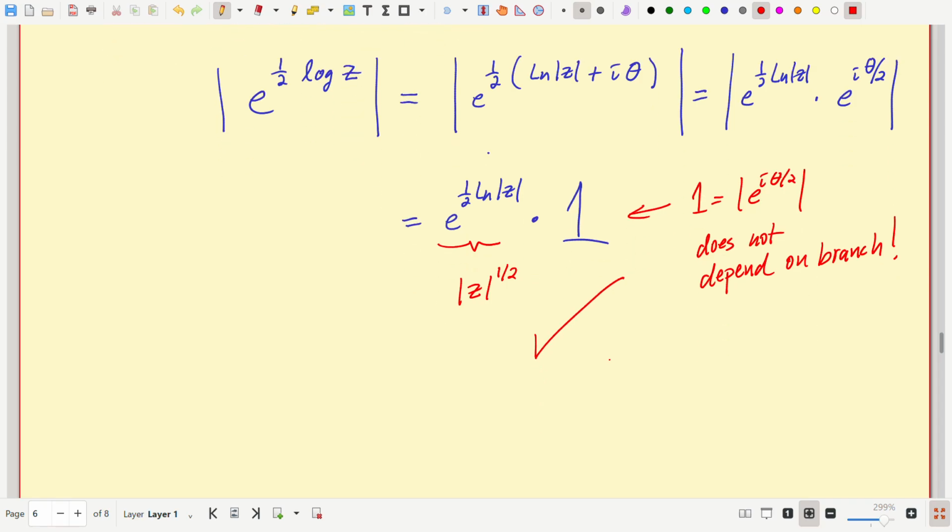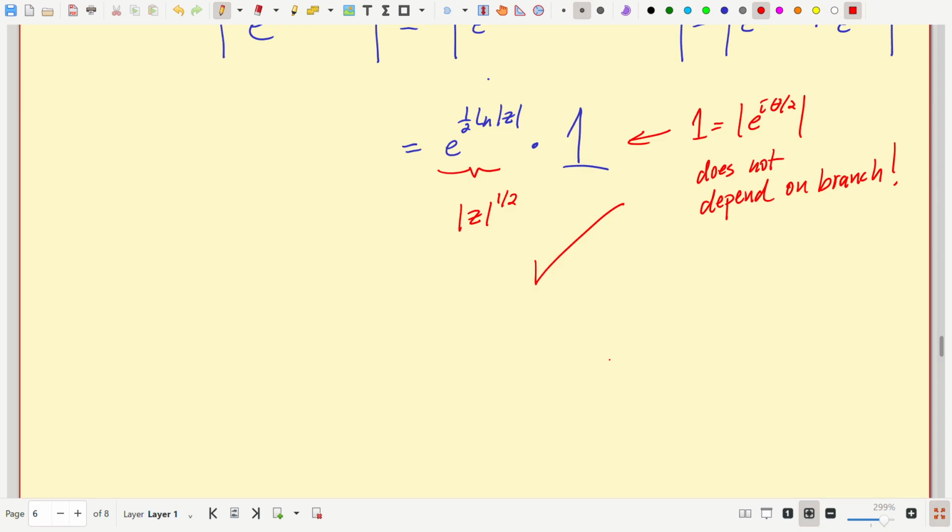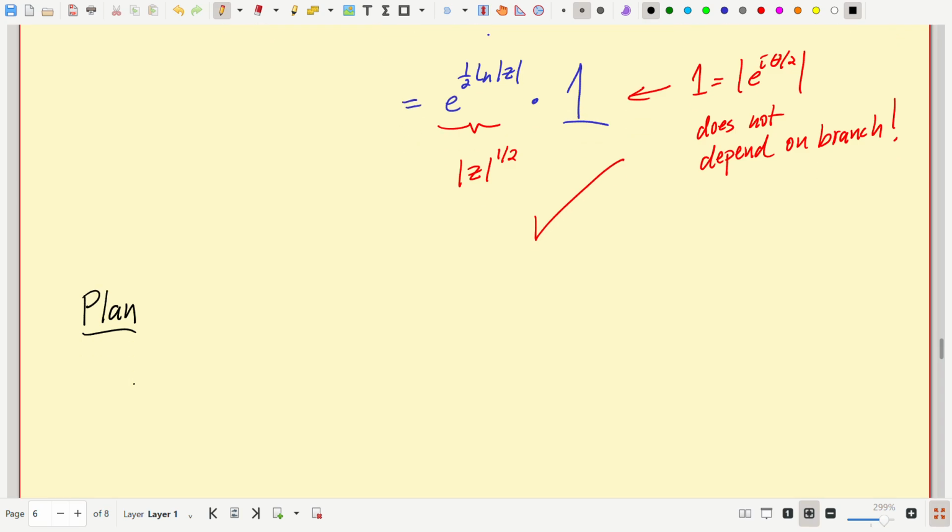Okay, here's the plan. I'll finish the plan next time. Then I have to estimate. How would I do this?